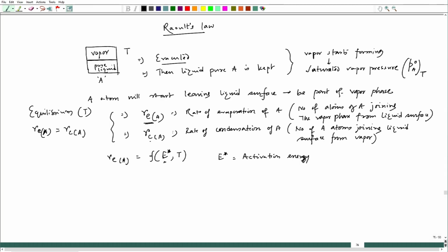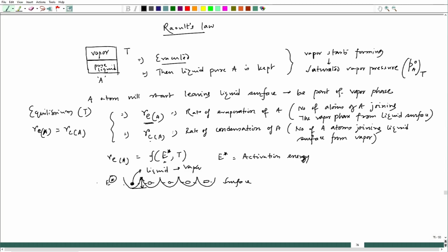This activation energy evolves because when we look at the A atom positions on the liquid surface, these atoms are sitting in an energy well. In order to leave the surface and join the vapor, an atom has to cross this activation barrier. Okay. So, this is nothing but E star.